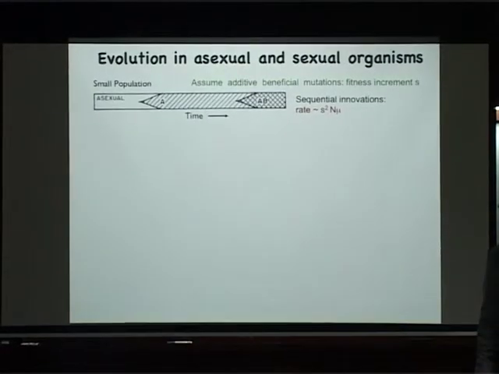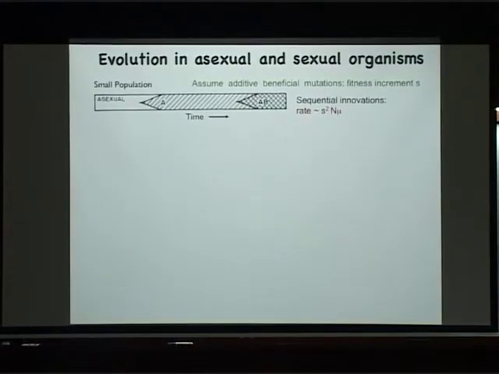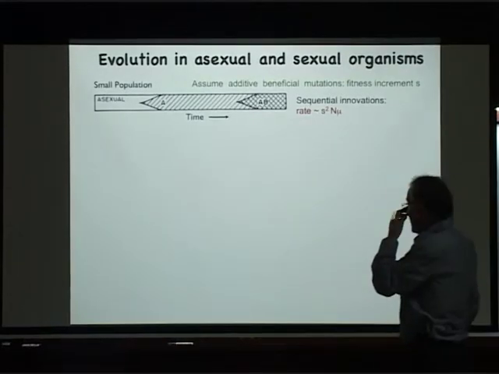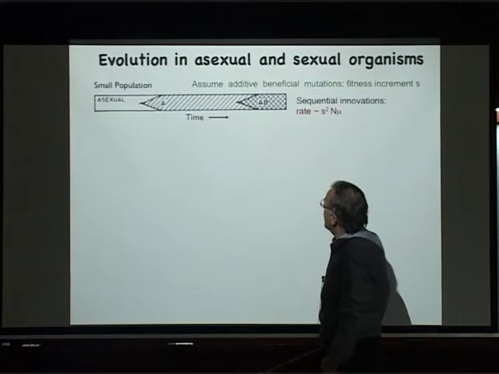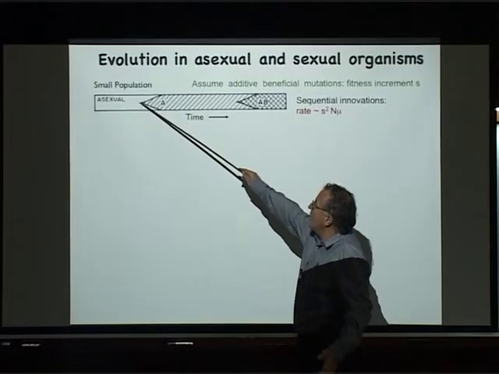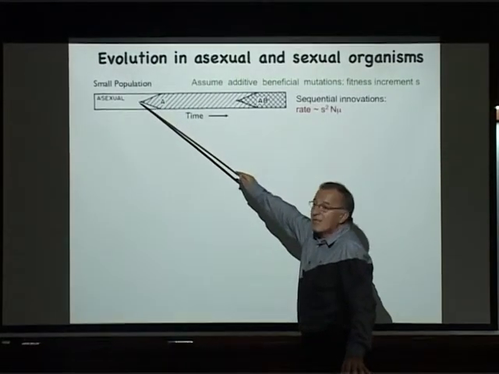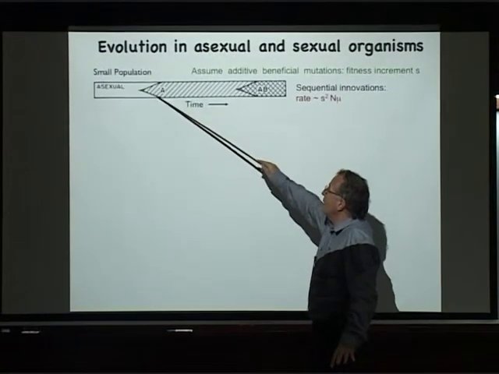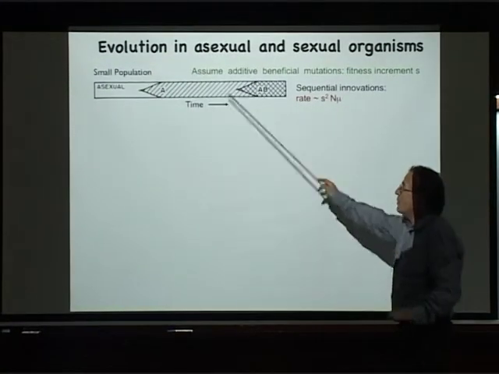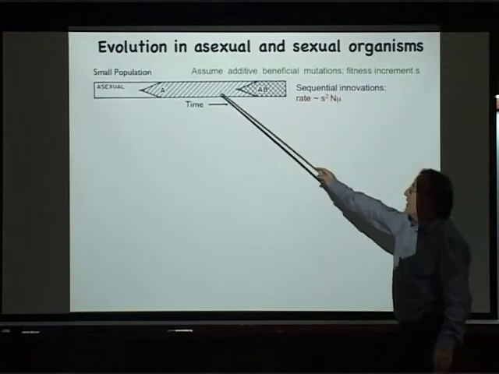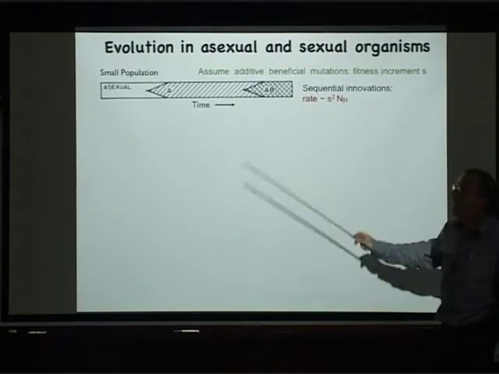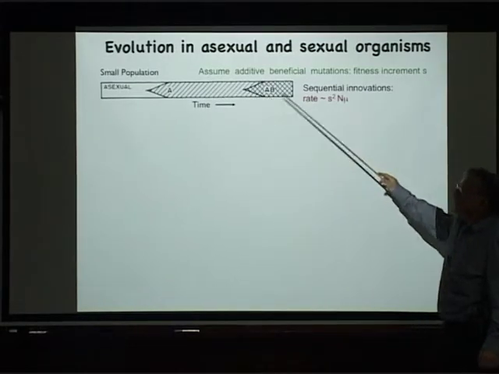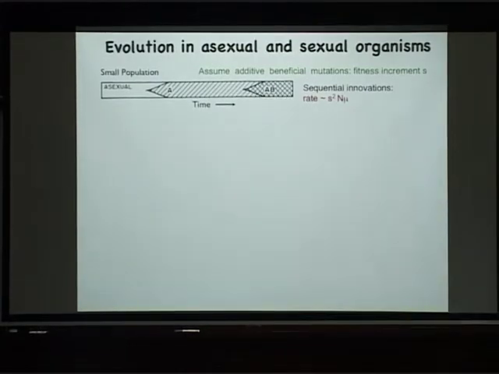Deleterious mutations are going to come in and will be selected against. But a beneficial mutation will appear every so often. And if it does not become extinct right away, it will sweep through the whole population and fixate. And then the population will wait for another beneficial mutation to come in. And if it does, it will incorporate it in the same manner.